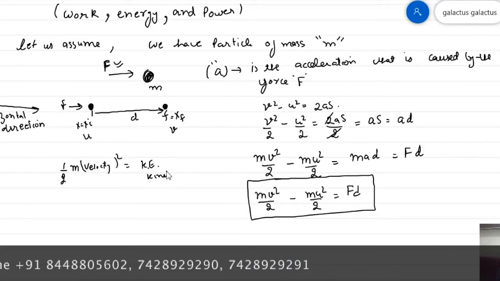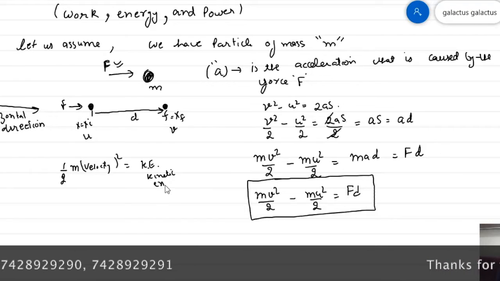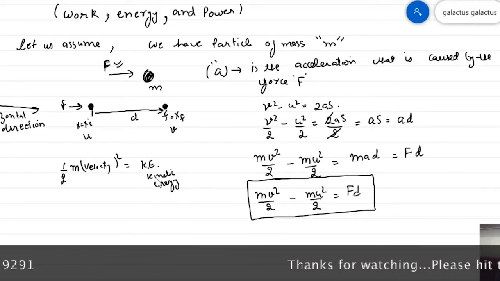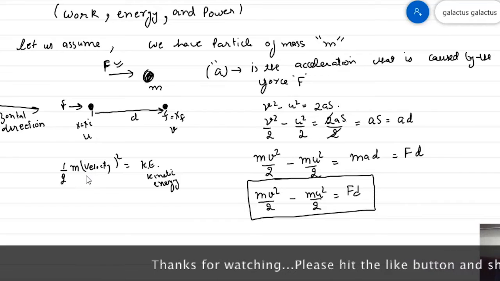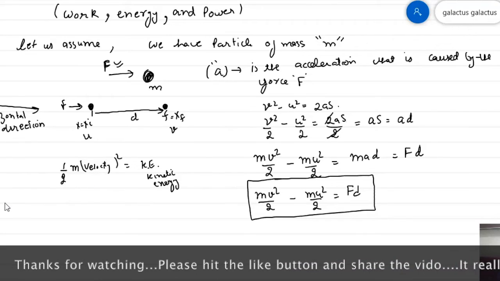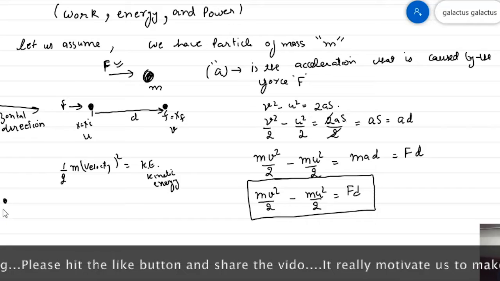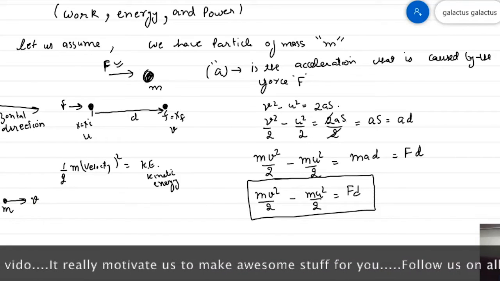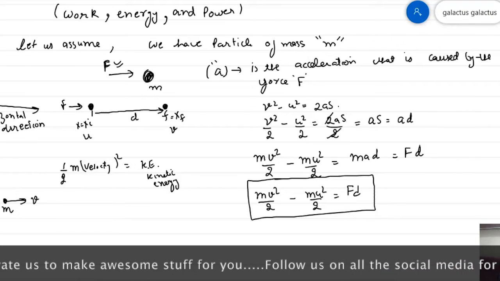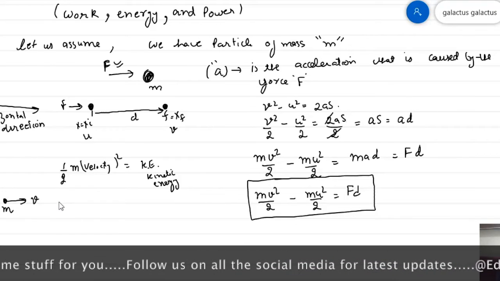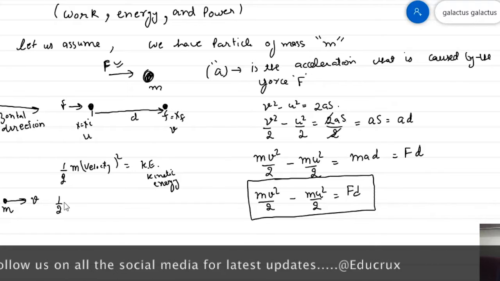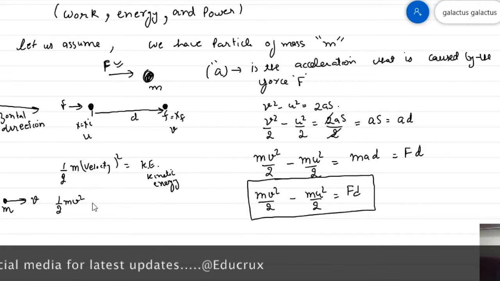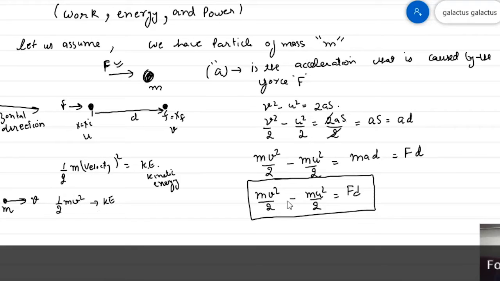The kinetic energy of the system is the energy possessed by the particle when it is moving with some velocity. Suppose I have a point particle of mass m that is moving with a velocity v, and the condition is that v is very much less than the speed of light. So half m v square represents the kinetic energy of the particle.